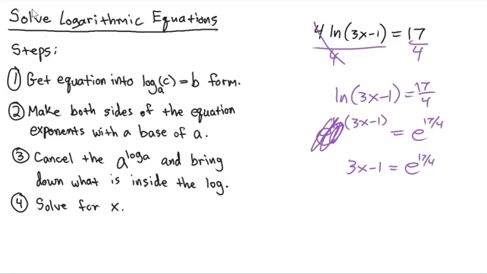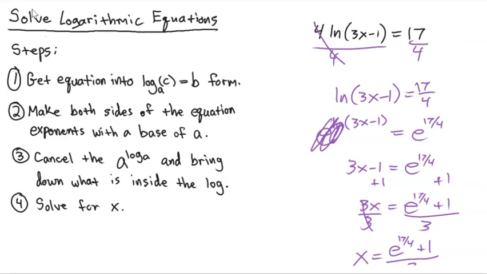Now we solve for x. Add 1 to both sides, and we get 3x equals e to the power of 17 over 4 plus 1. Divide by 3 on both sides, and we get x is equal to e to the power of 17 over 4 plus 1, over 3.